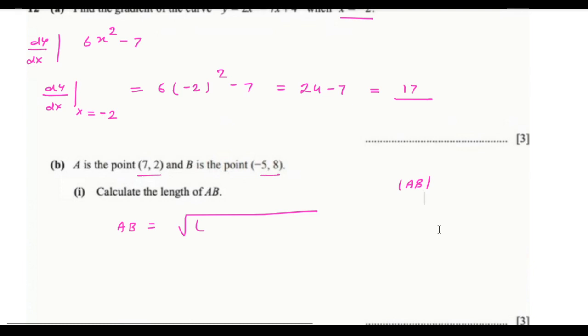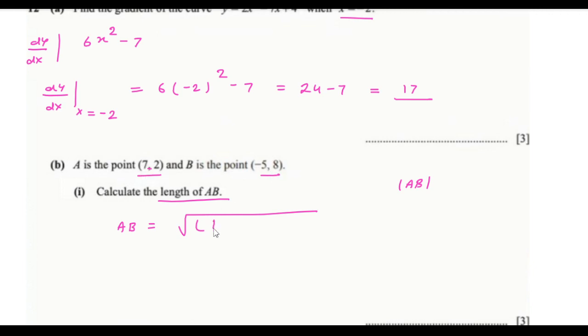Distance formula. Calculate the length of AB. You will use the hypotenuse formula. For the hypotenuse formula, the base you will find by taking the difference of x coordinates, and the height you will find by taking the difference of y coordinates. So the difference of x coordinates is 7 and minus 5.